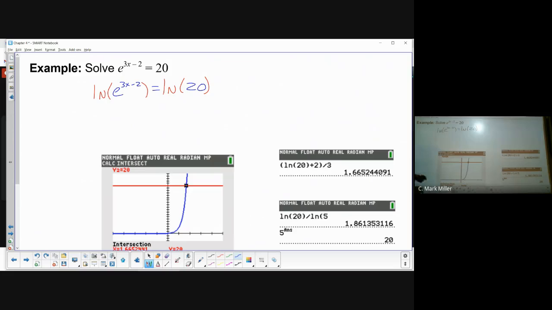Now watch. This right here, natural log and e to the x are inverses. So these undo each other. So the left side is just 3x minus 2. When you take log of e to something, it's that something. So natural log of e to some power, those undo each other. That just equals the power.